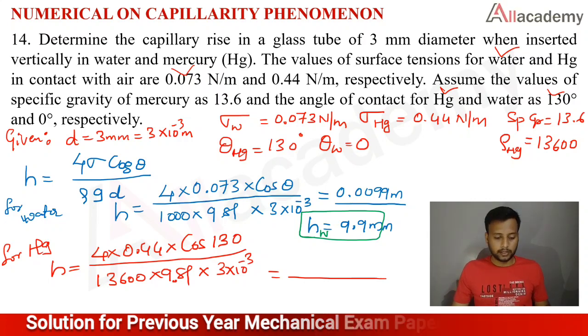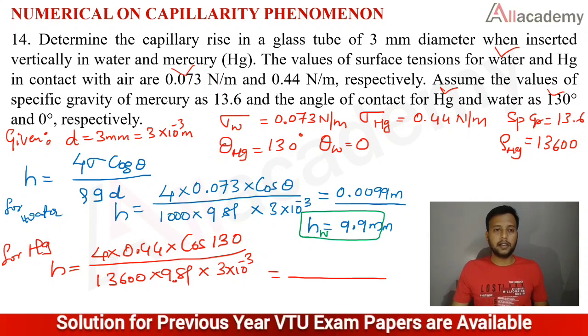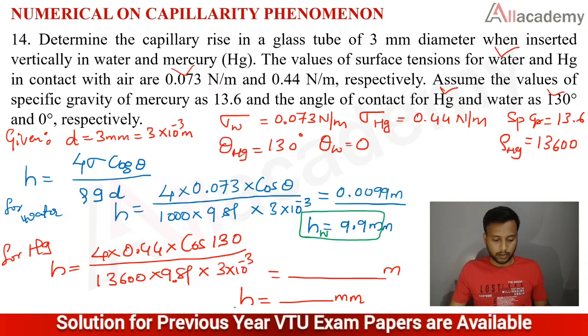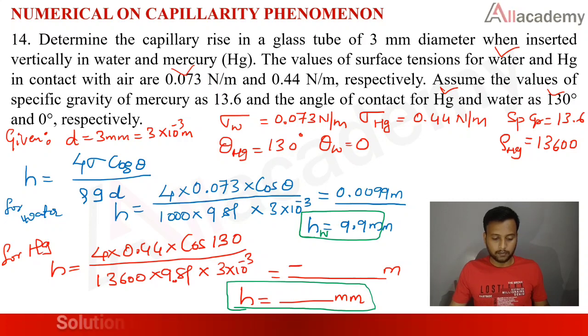Okay, so you just calculate and write this answer in the comment box. Initially you will get it in meters, then you convert that h into mm. One hint I can give you: whatever h value you get will be negative. You will get a negative quantity.